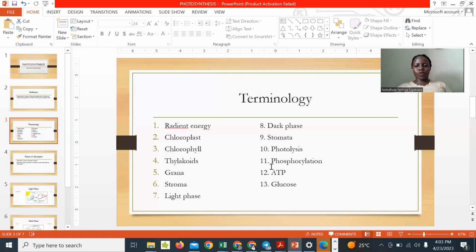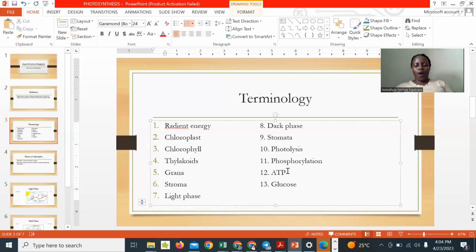And then we have what is called phosphorylation. Phosphorylation is the formation of the energy transporting molecule. I'll repeat again: phosphorylation is the formation of the energy transporting molecule, which is known as your ATP. That ATP is the one that we have on number 12. ATP stands for adenosine triphosphate.